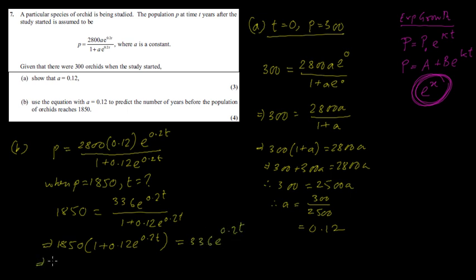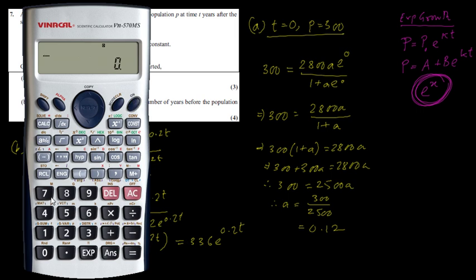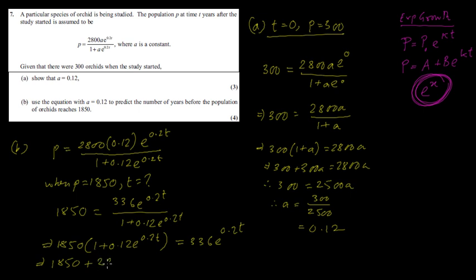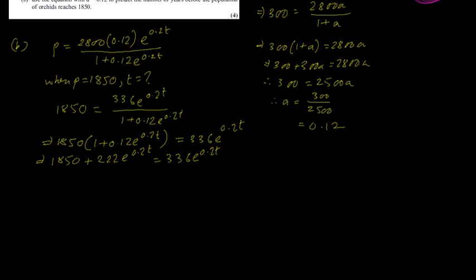So if you multiply, it would be 1850 plus 0.12 into 1850, this would be 222 e to the power 0.2t equals to 336 e to the power 0.2t. So let's bring all the e to the power 0.2t on one side and then solve it.